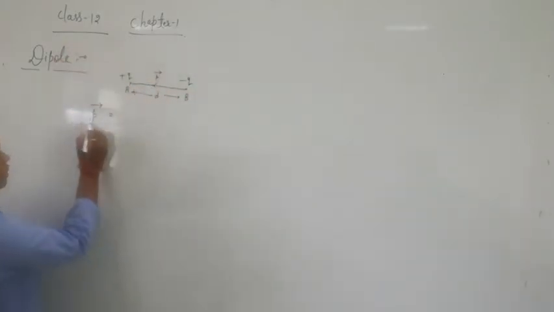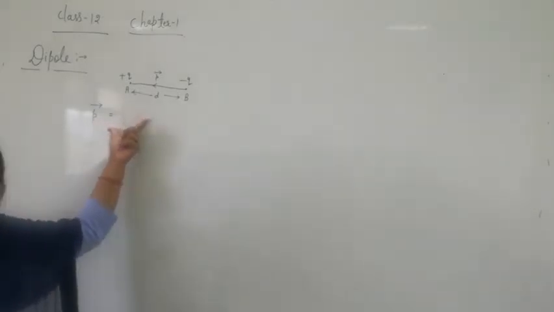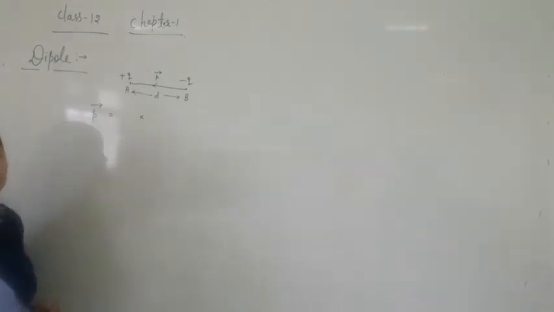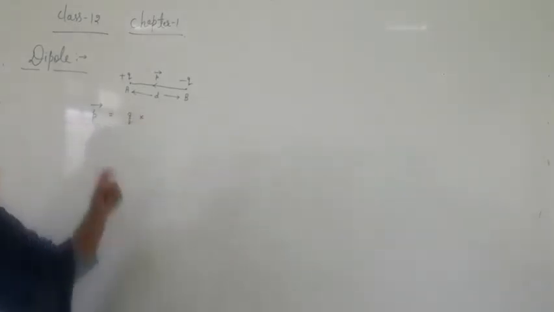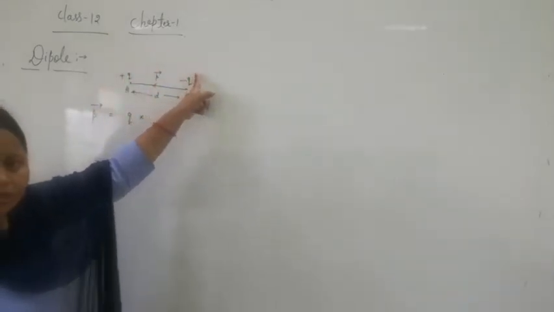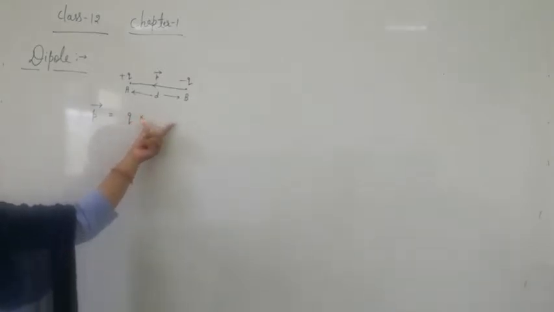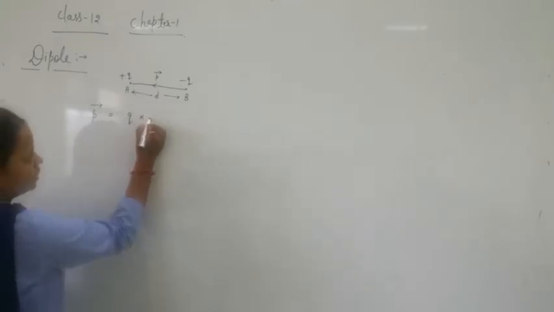terminal. Then what is the formula of dipole moment? Dipole moment is the multiplication of the magnitude of charge, since a dipole has two equal magnitude charges, and the separation distance. The separation distance is considered small d.